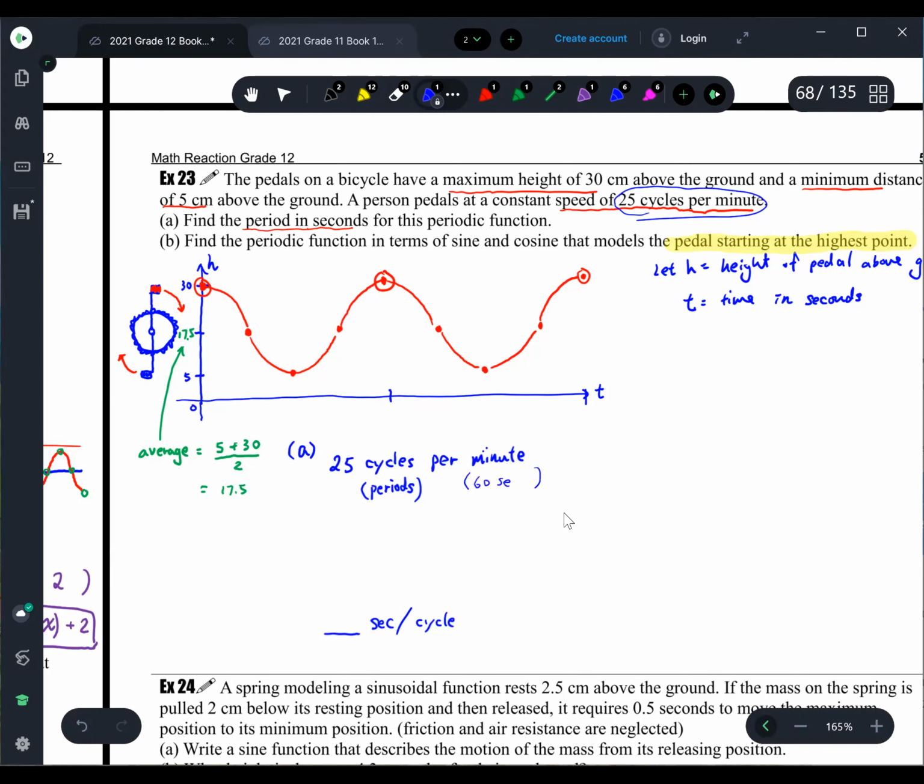It takes 60 seconds to turn 25 times. So if you just turn one time, how many seconds? Raise your hand if you have an answer for that.